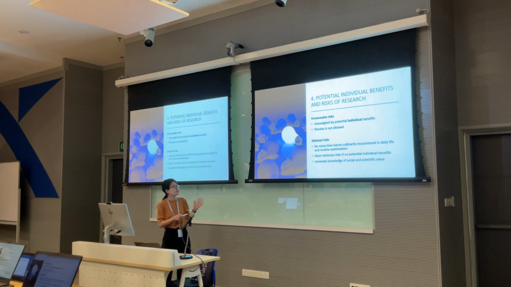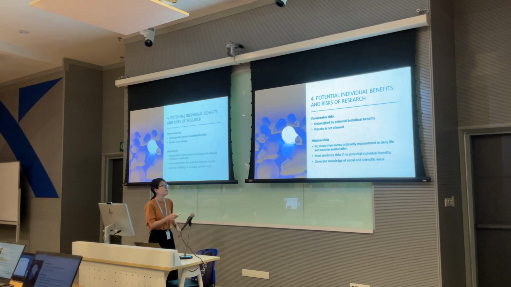So try to reduce all the risk while generating, of course, knowledge of social and scientific value, as I mentioned. But how can you minimize the risk while generating high social and scientific value? In your research you have to be scientifically sound, with a proper method.